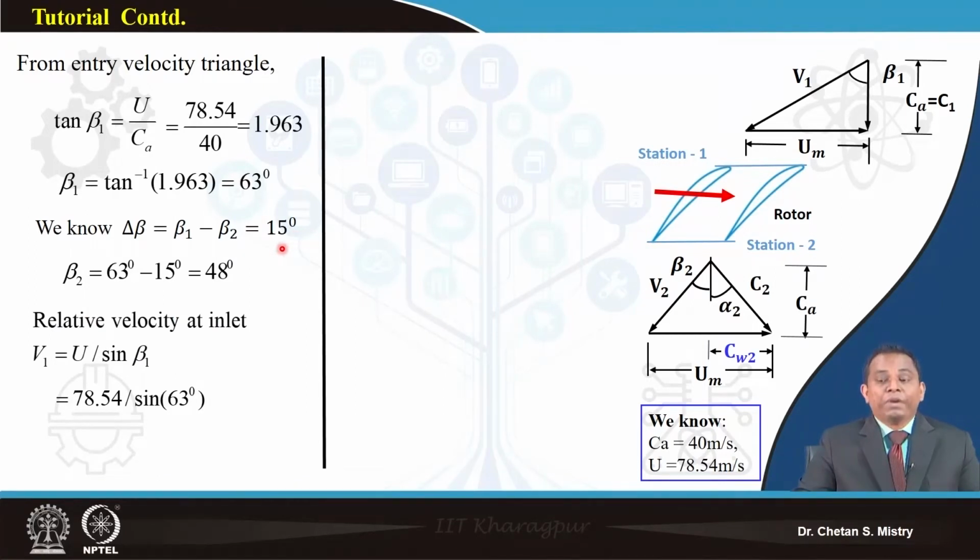Once my beta 2 and beta 1 are known, I can calculate my relative velocity at the entry. It is U by sine beta 1, using the velocity triangle. That gives me my relative velocity as 88.14 meter per second.